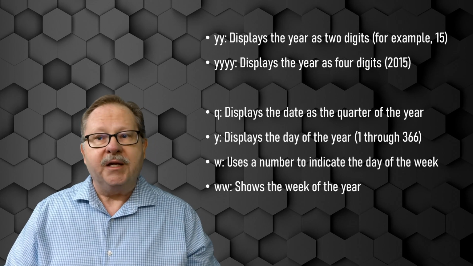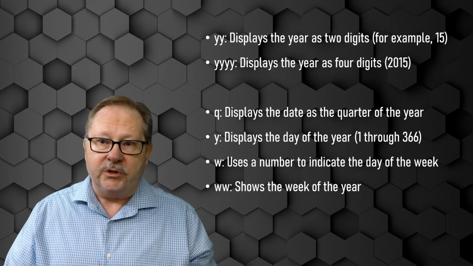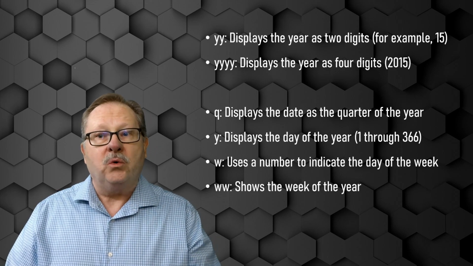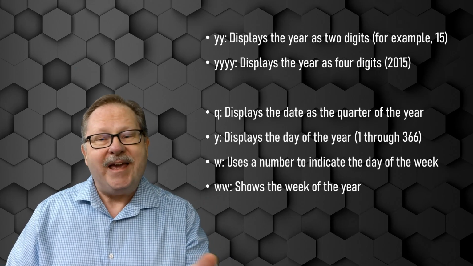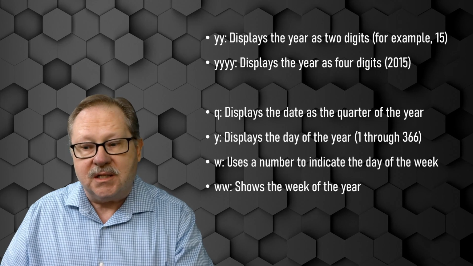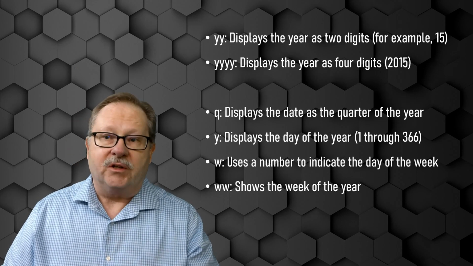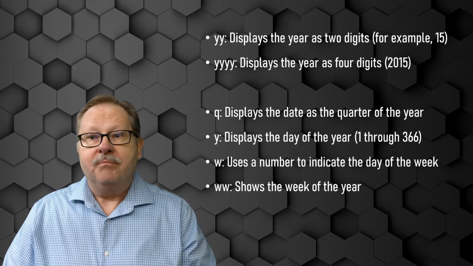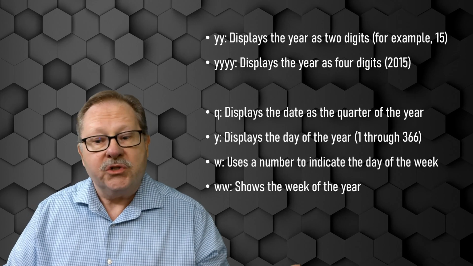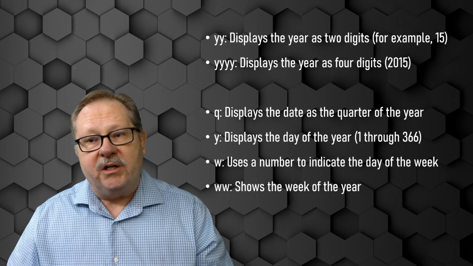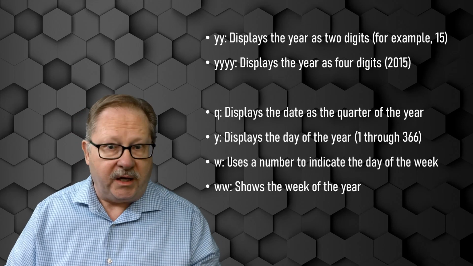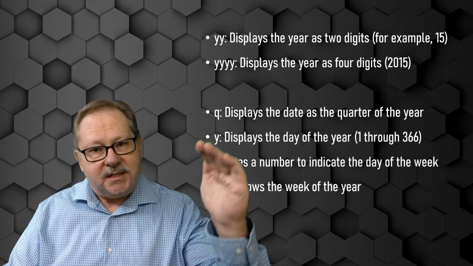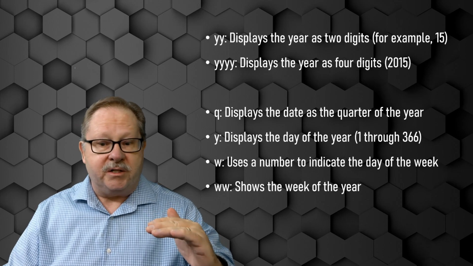The Q displays the quarter of the year. In other words, you can actually tell what quarter, 1, 2, 3, or 4. Y displays the day of the year 1 through 366. Now 366 for the leap year, okay, normally 365. So it displays the day of the year. And that's a lot of times important when you're putting together a manufacturing calendar, because they need to know what day of the year it has been.